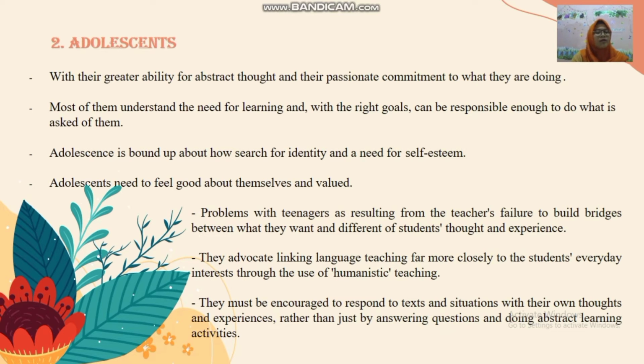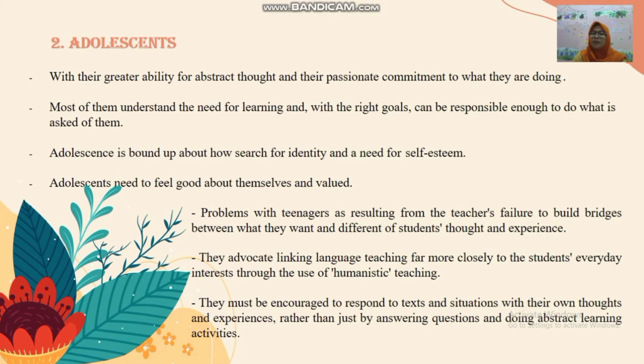Next, most of them understand the need for learning and with the right goals can be responsible enough to do what is asked of them.